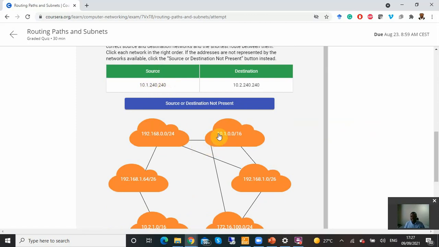We have 10.1, the first host ID. They have actually corresponded, 1 and 1. You hold that. Now for the destination, 10.2.